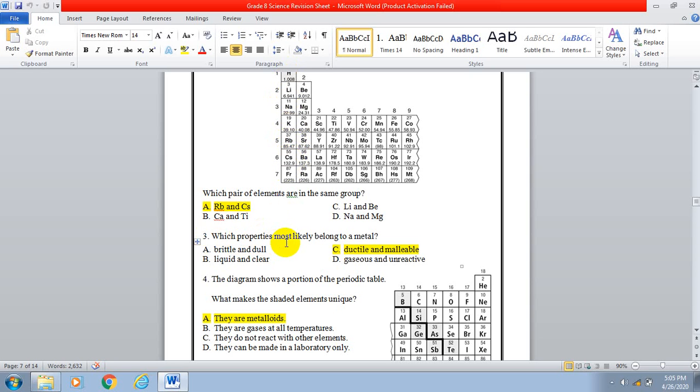Number 3, which property most likely belongs to a metal? As we studied in the properties of metals, they are ductile and malleable. Now we have a diagram here.